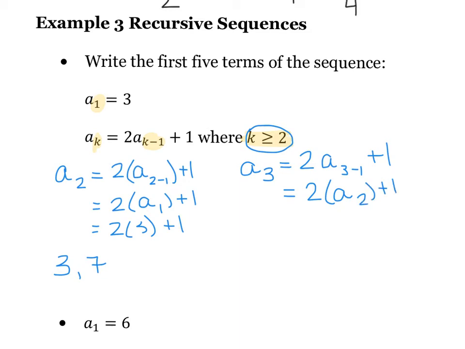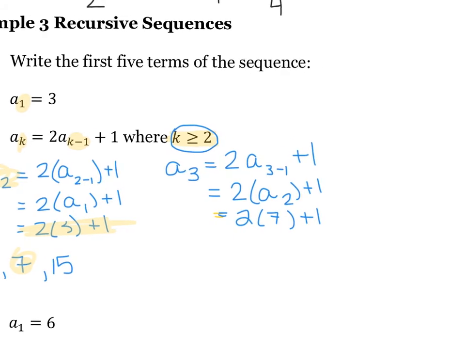Well, how do I know what a sub 2 is equal to? Luckily, I just figured out a sub 2. It is whatever this is. So I need 2 times 7 plus 1. Okay, so 2 times 7 plus 1, well, that's 15. So now I found a sub 3 is equal to 15.